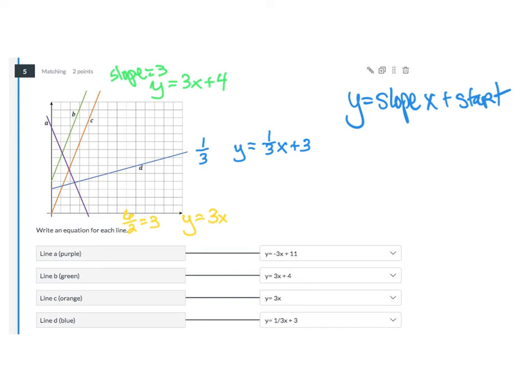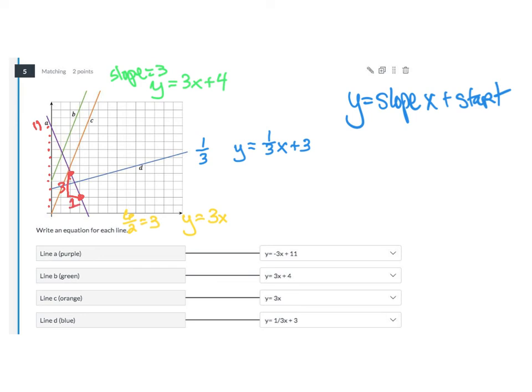All right, I went ahead and erased some stuff so we can actually see line A. So line A starts at 1, 2, 3, 4, 5, 6, 7, 8, 9, 10, 11. Then we need to make our slope triangle. I'm going to pick this point and this point. So we have 3 and we have 1.